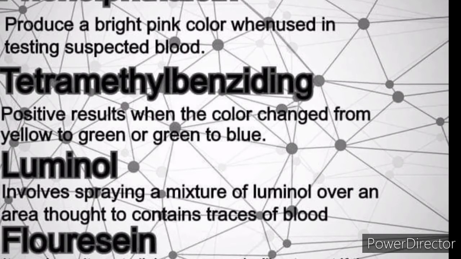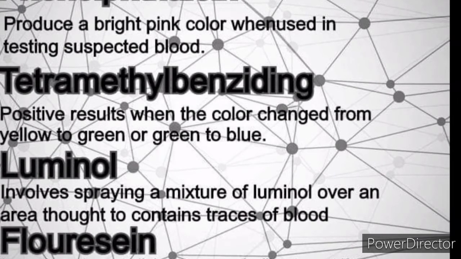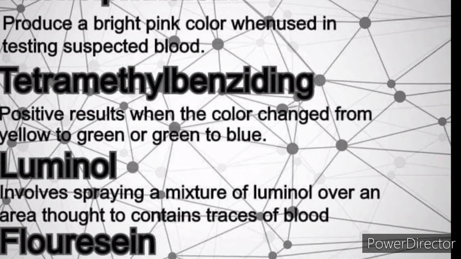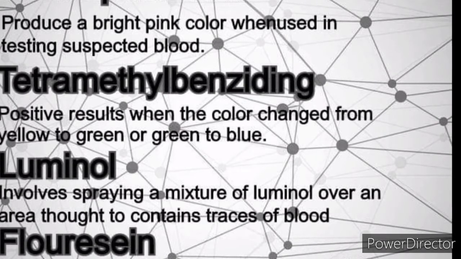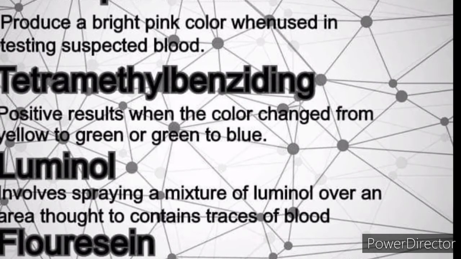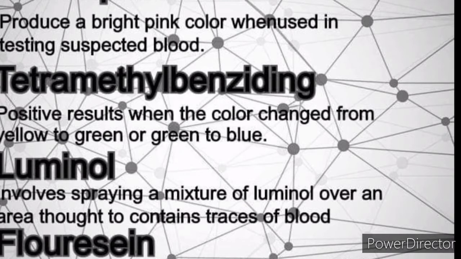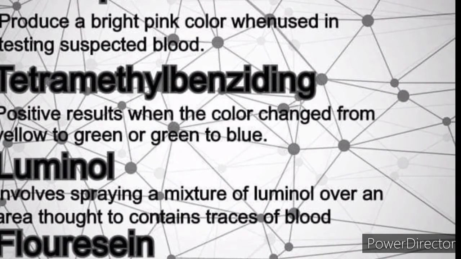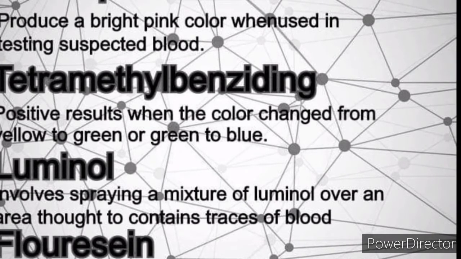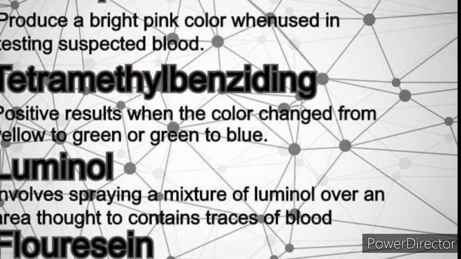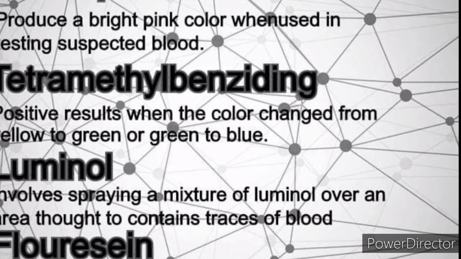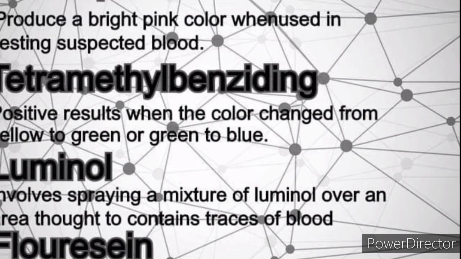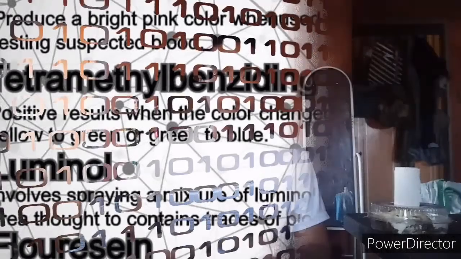The third is luminol. It involves spraying a mixture of luminol over an area thought to contain traces of blood. And then the last one is fluorescein. It requires an alternate light source and will not react if the area has been previously treated with bleach.